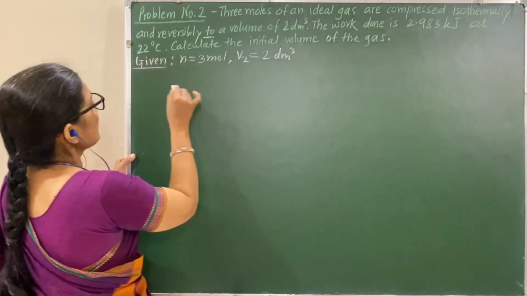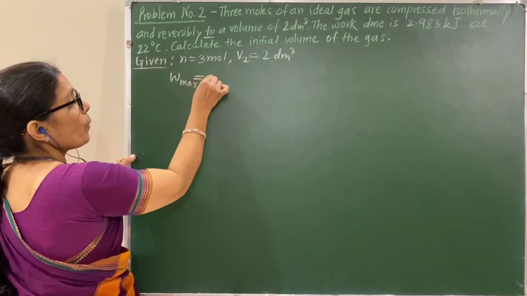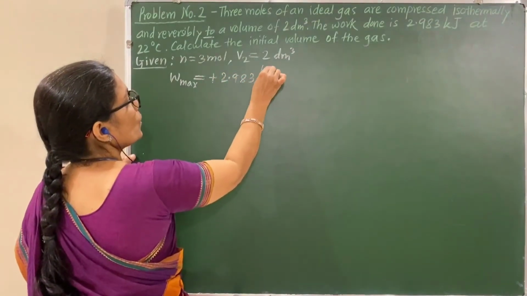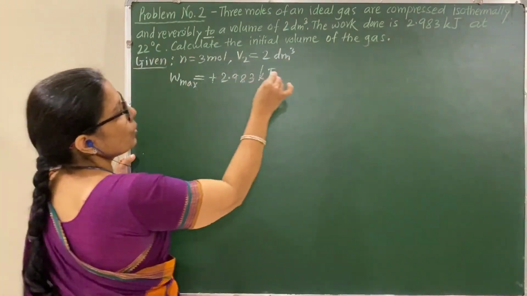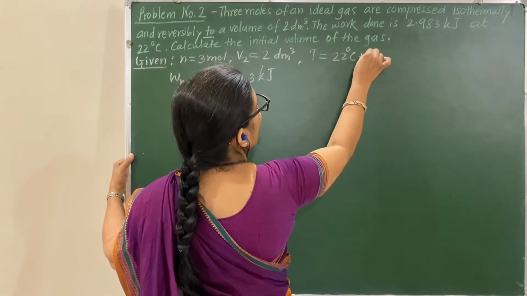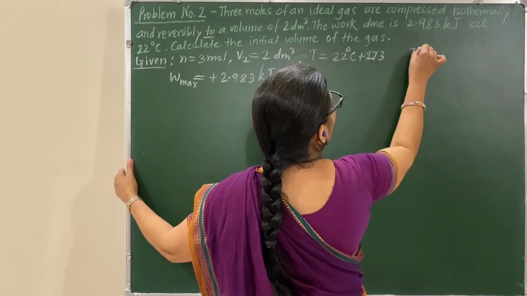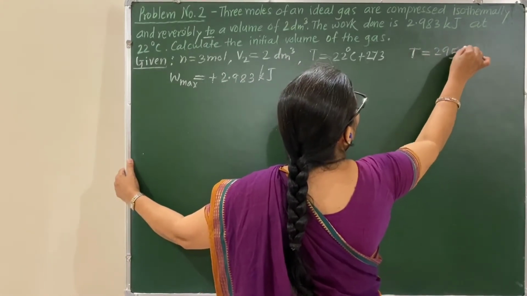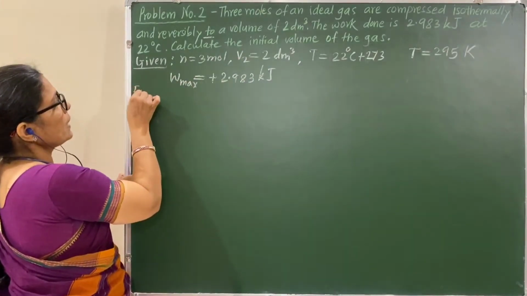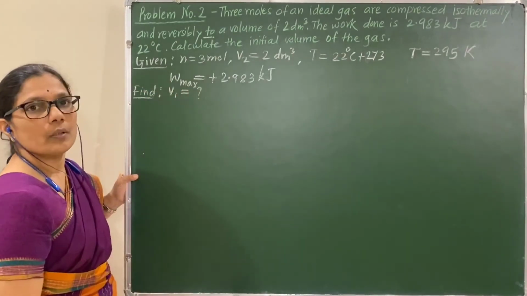The work done, that is W max, is positive as it is compressed, 2.983 kilojoule given. At 22 degrees Celsius, temperature, it is given in degrees Celsius. Therefore, adding 273, T is equal to 295 Kelvin. Calculate the initial volume, that is V1 is equal to question mark.